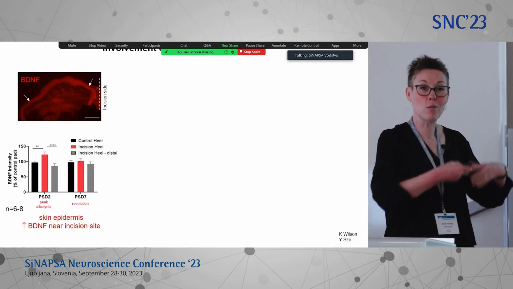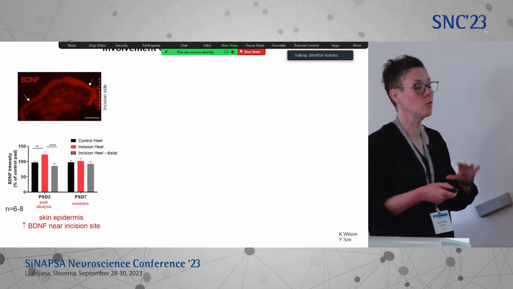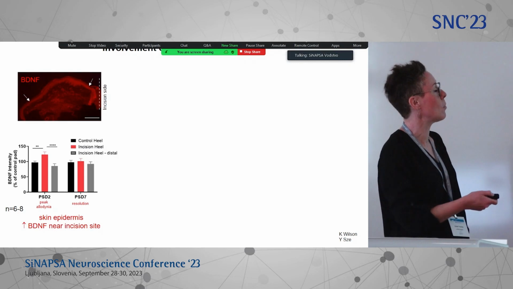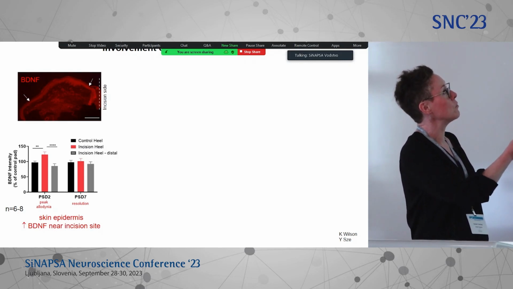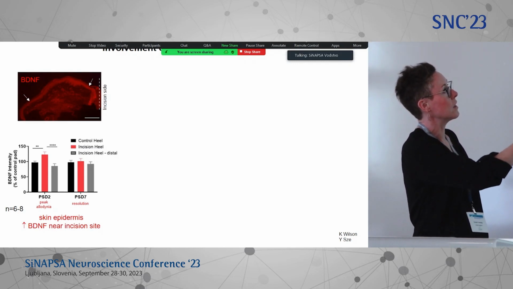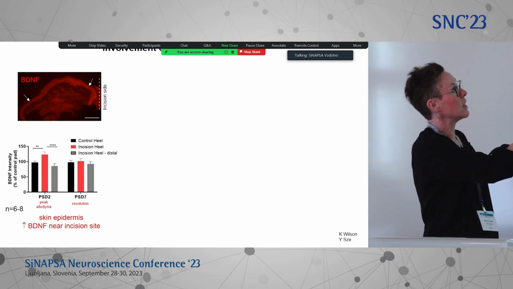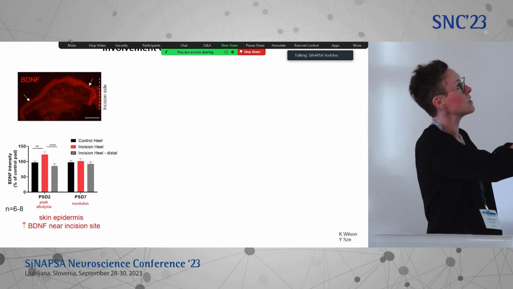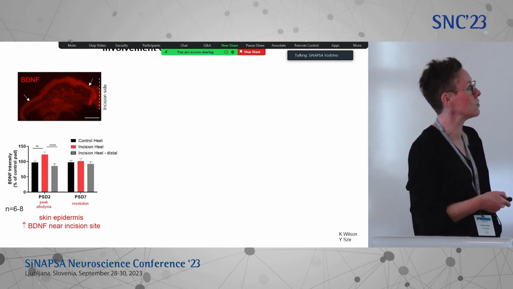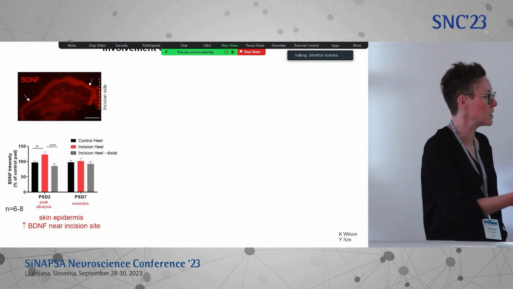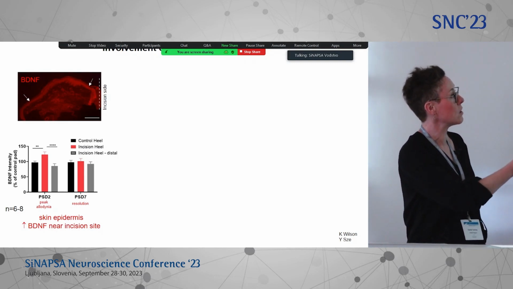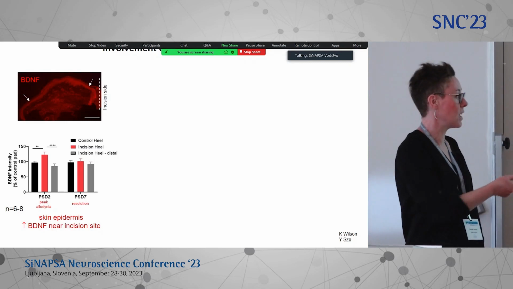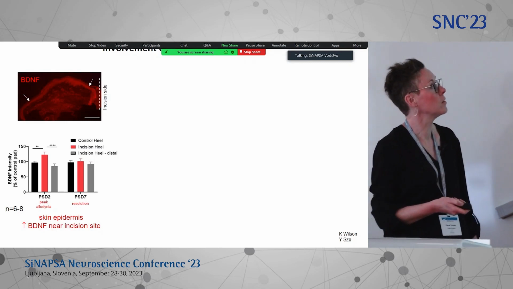First of all, given we have these novel structures, we looked to see if there was any change in BDNF expression. With BDNF immunostaining, here's the incision. We can see here in the epidermis, there is an increased immunostaining intensity compared with distal to the incision site, and that is quantified here. So this is raised at post-surgical day 2, but has resolved by post-surgical day 7.